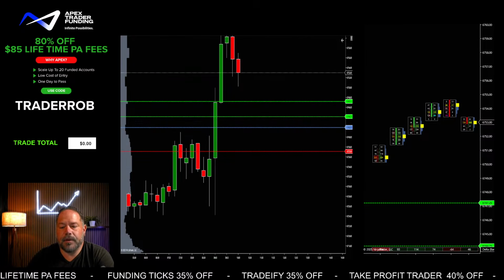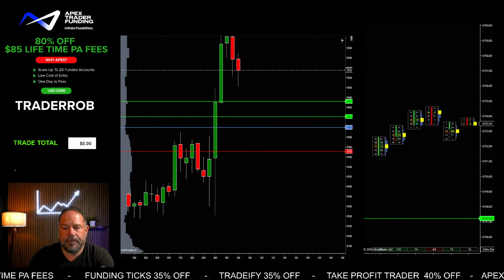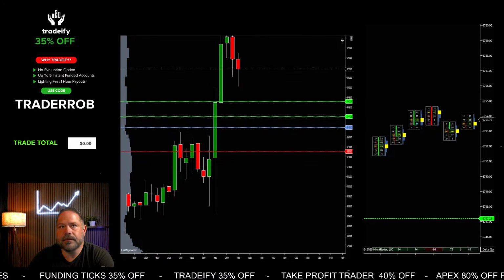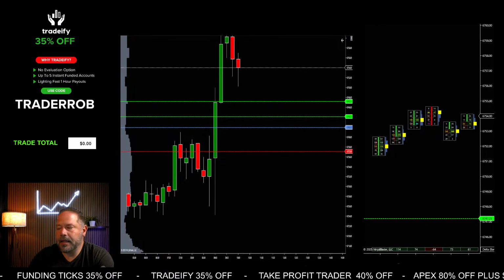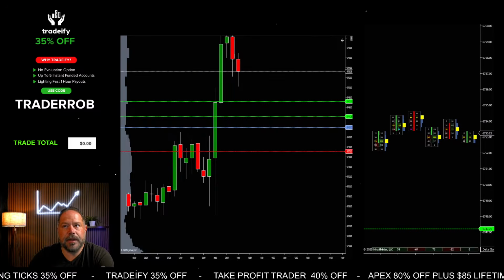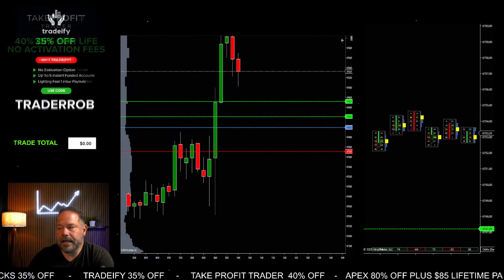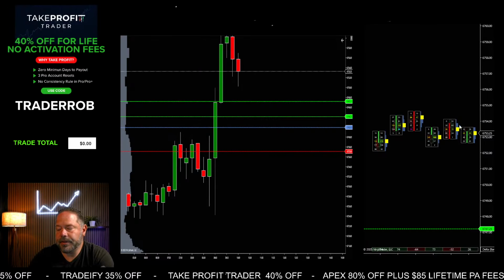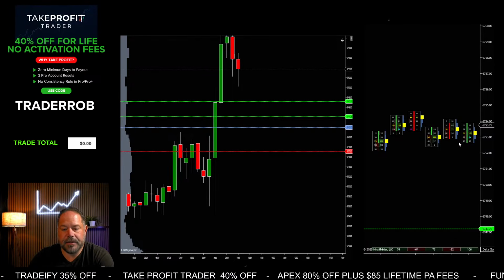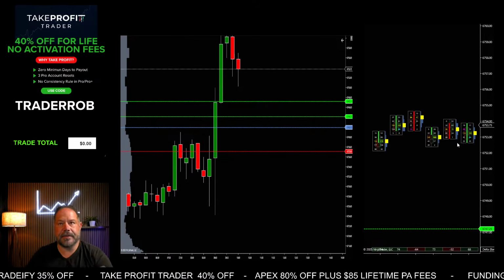So now what I'm going to want to see is, once price action starts getting close to my entry, I want to see what kind of reaction we get to my blue line at the 6742, and I'd like to see that same footprint confirmation candle that I just explained to you guys.